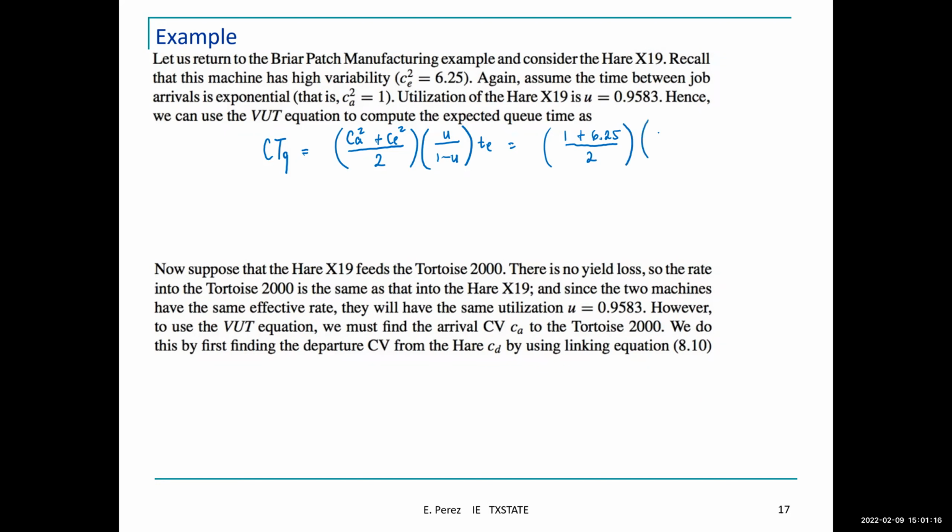And then the utilization 0.9583, over 1 minus 0.9583, and all that multiplied by TE, which in this case was 20. So this is equal to 1,667.5 minutes, which is equal to 27.79 hours.